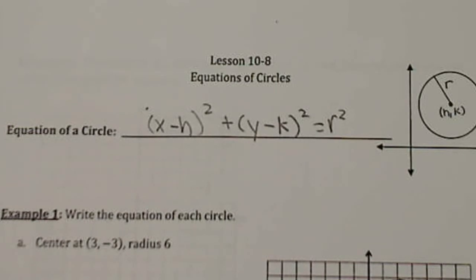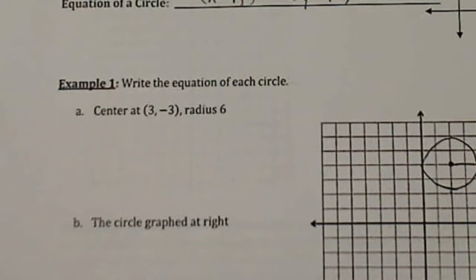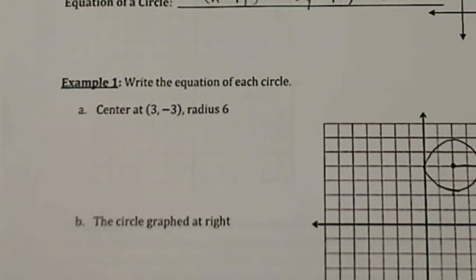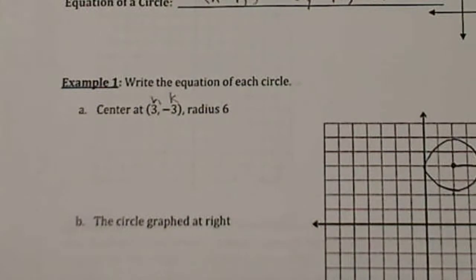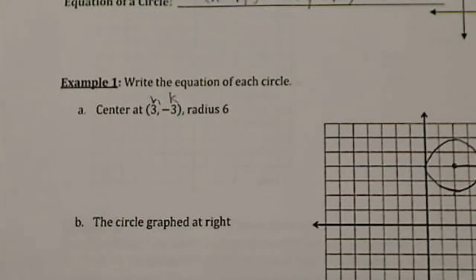So let's do example 1. Here we don't have a graph, but we're given the center point and the radius. And remember, our center point is (h, k). So if you want to write it, that'll help you.